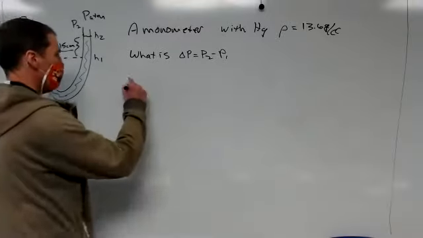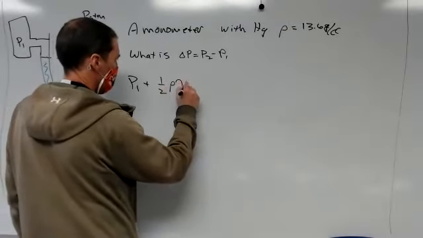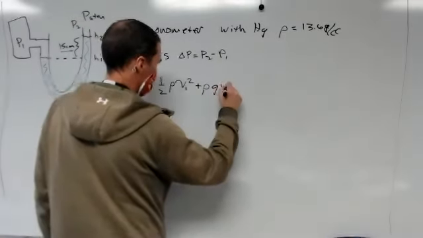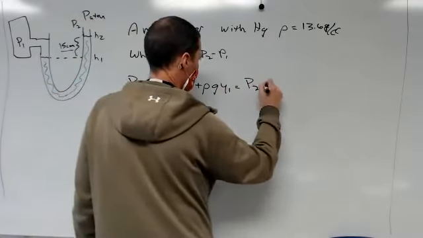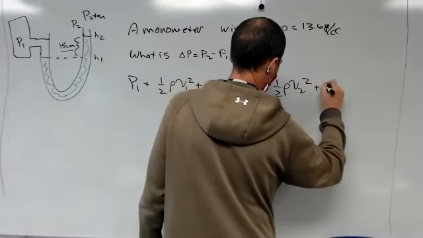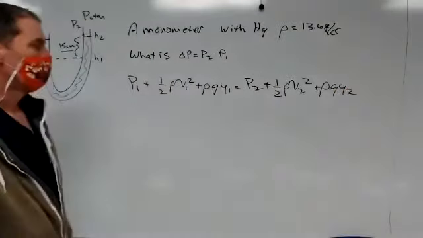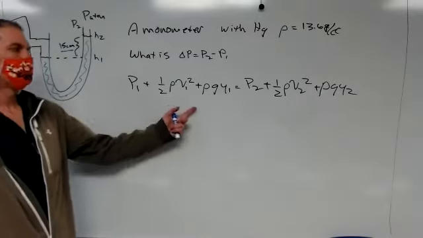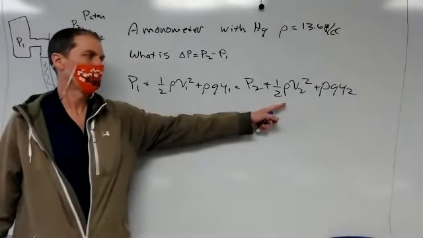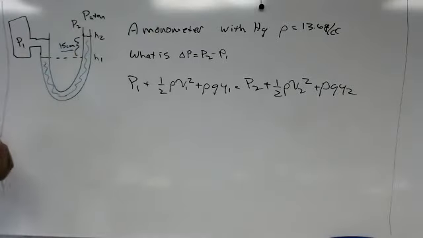P1 plus 1/2 rho V1 squared plus rho G Y1 equals P2 plus 1/2 rho V2 squared plus rho G Y2. The pressure plus 1/2 rho v squared plus rho GH, anywhere in the fluid, pick any two points and evaluate that, and it's the same.